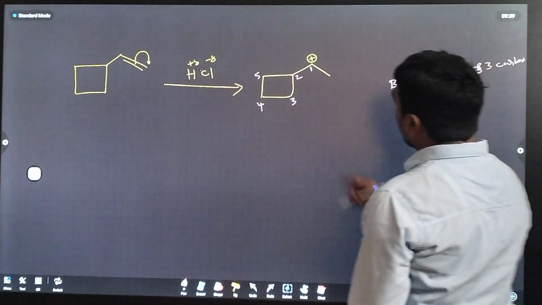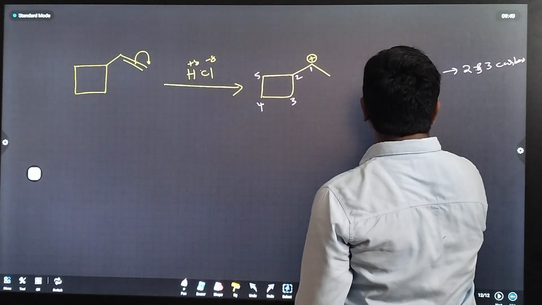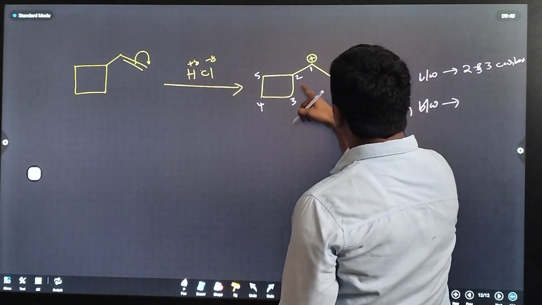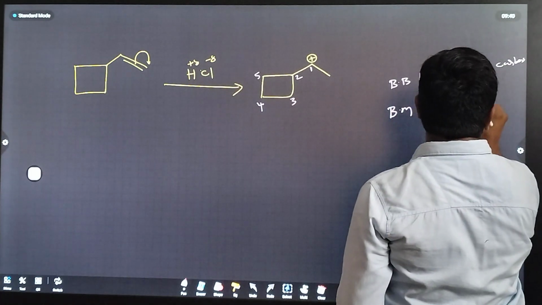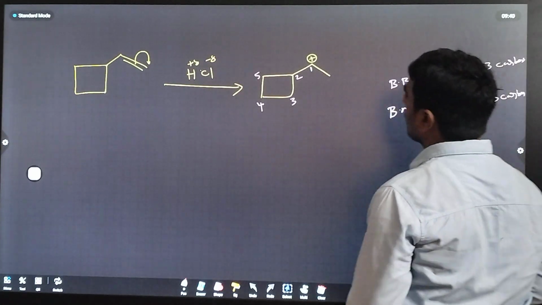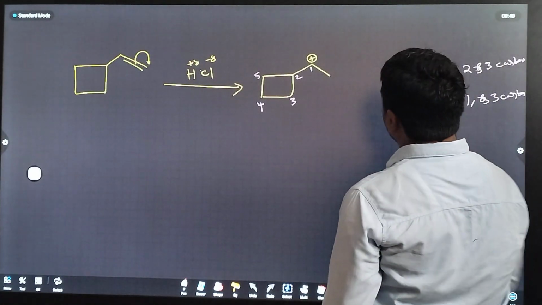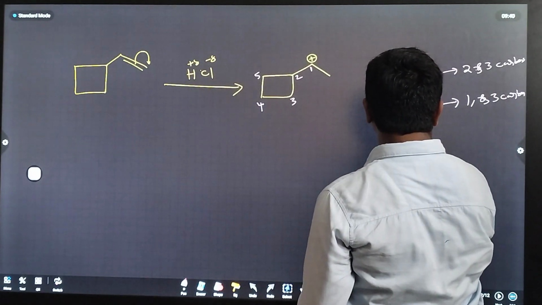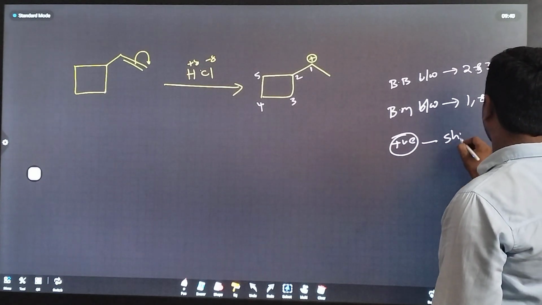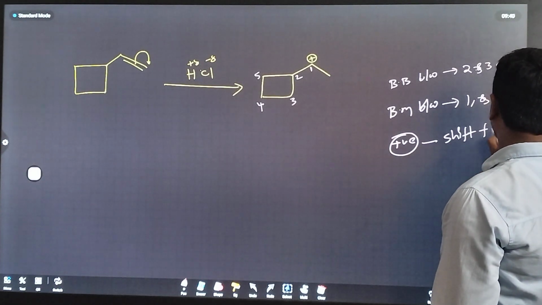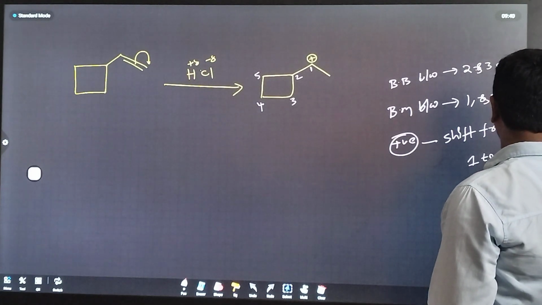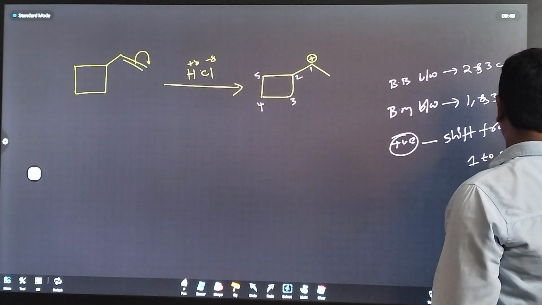Next, the second possibility, bond making between the 1 and 3 carbon atoms. Next, the positive charge shifts from the 1 to the 2 position.